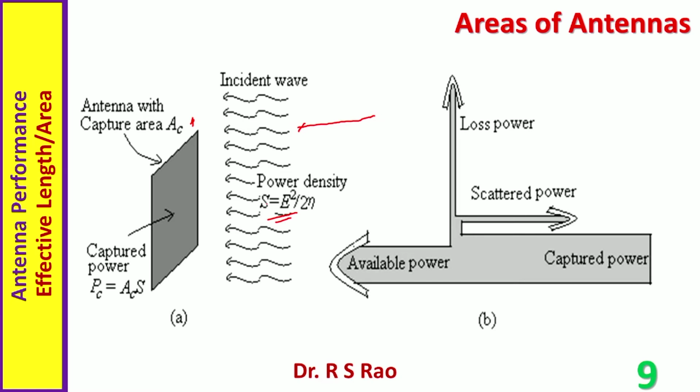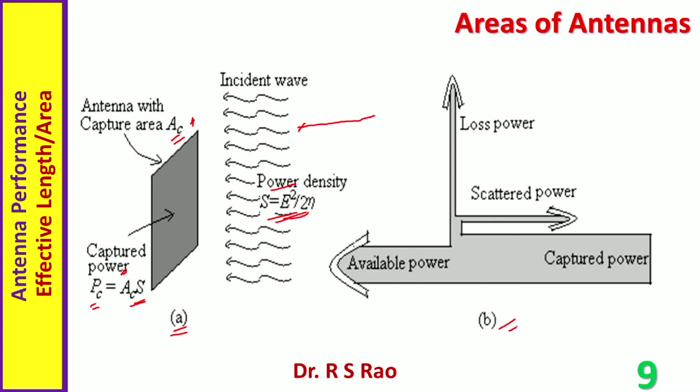In case of a plane wave, power density is given by E square by 2 eta. Capture area is AC. When capture area is AC, captured power becomes AC times S. So PC becomes AC S. That is A.